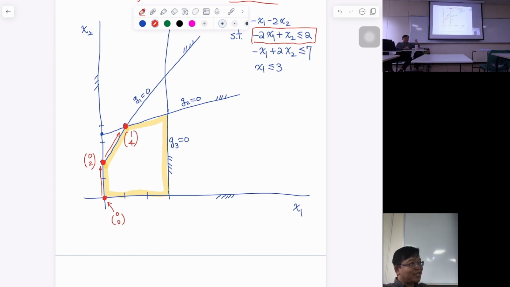But when we do that, we will be moving towards some direction. In fact, it's going to move along this boundary. Okay.